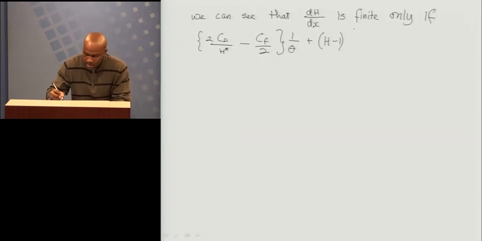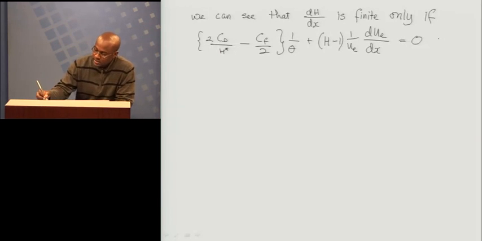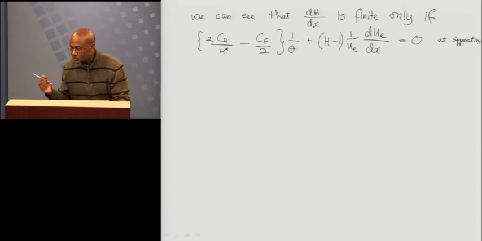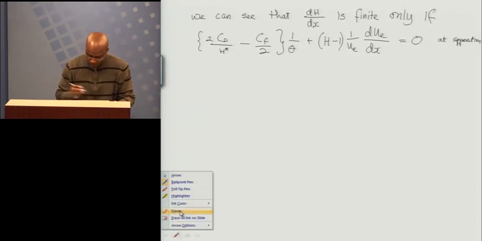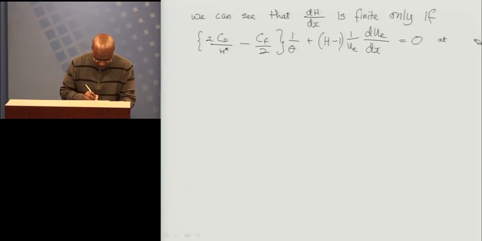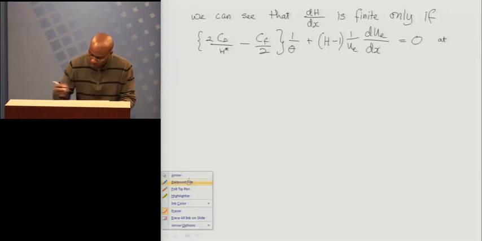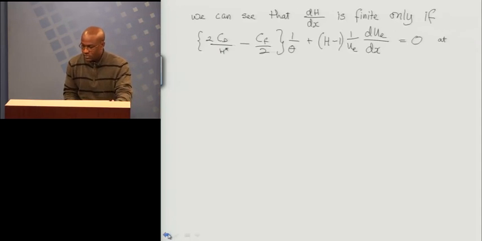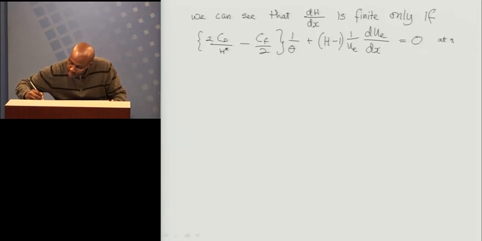Minus H minus 1 over UE dUE/dx should also go to 0. So that's separation.